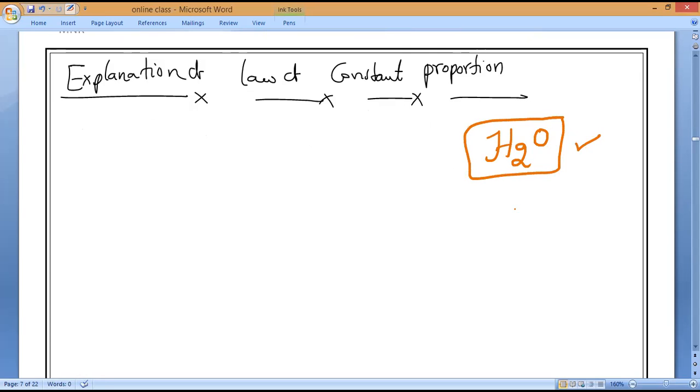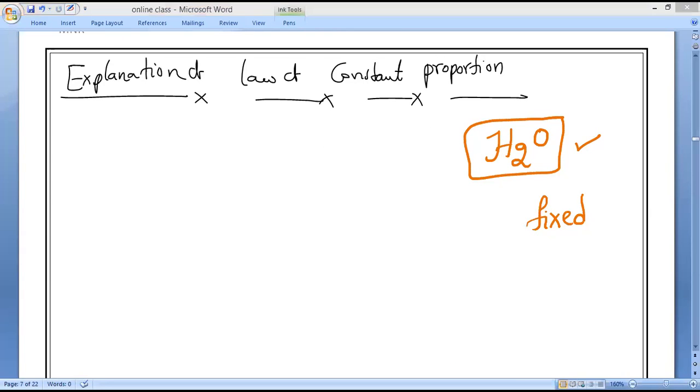So all of you read postulate number 8. What are postulates number 8 and 9? Read everybody loudly. The number and kind of atoms in a given compound are always what, guys?